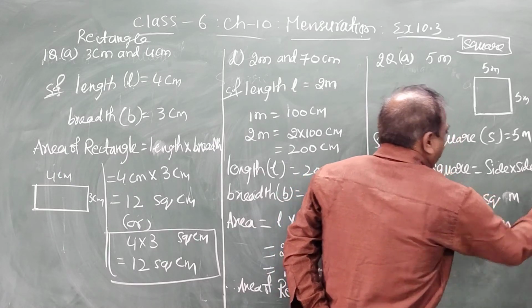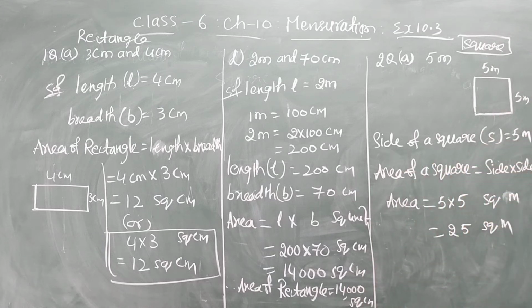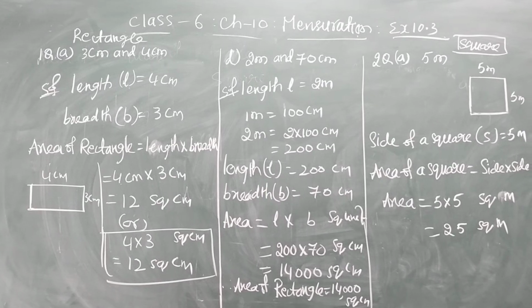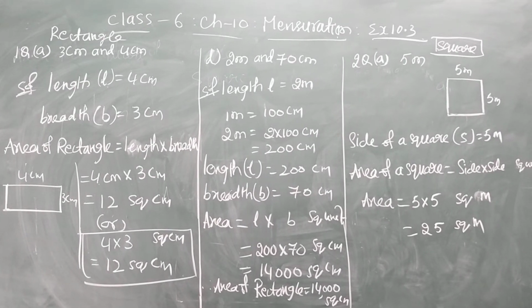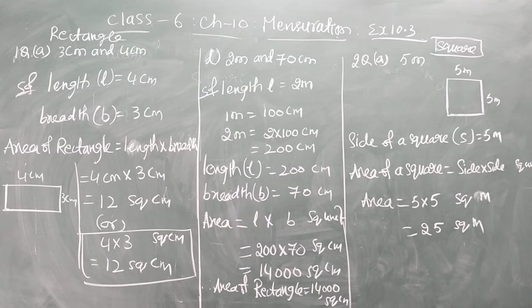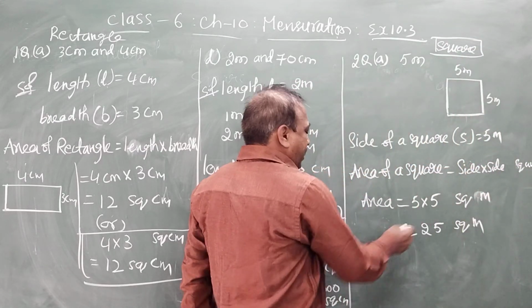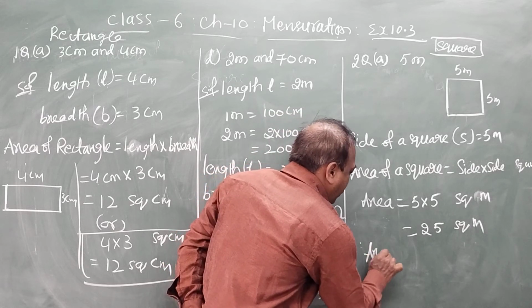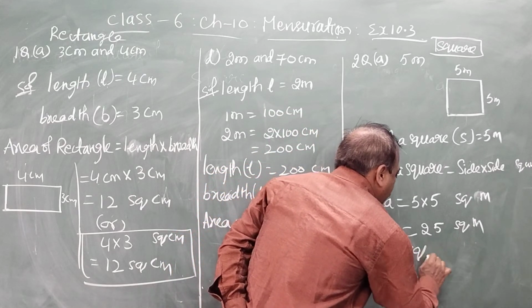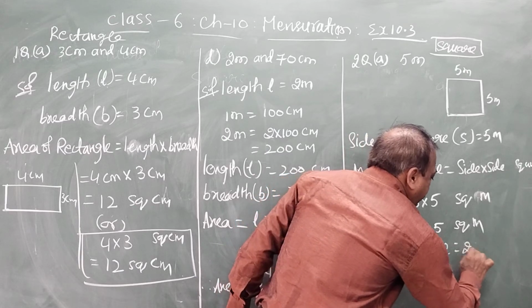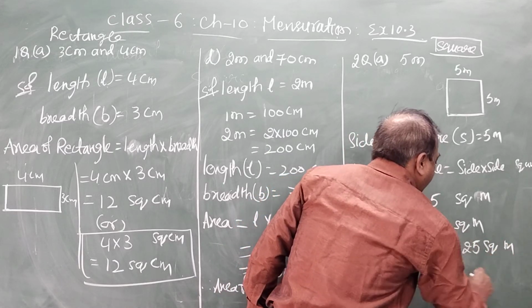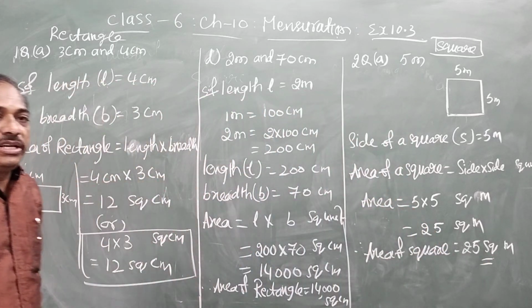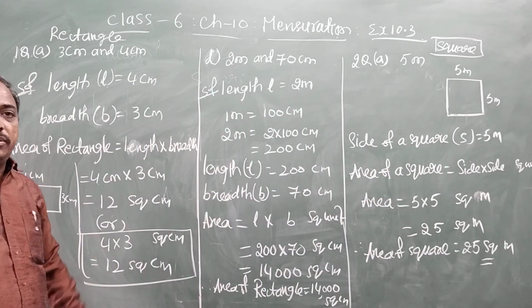Here we have square units, that is side into side square units. Therefore, area of the square is equal to 25 square meters. So like this, we need to calculate. I hope you understood.